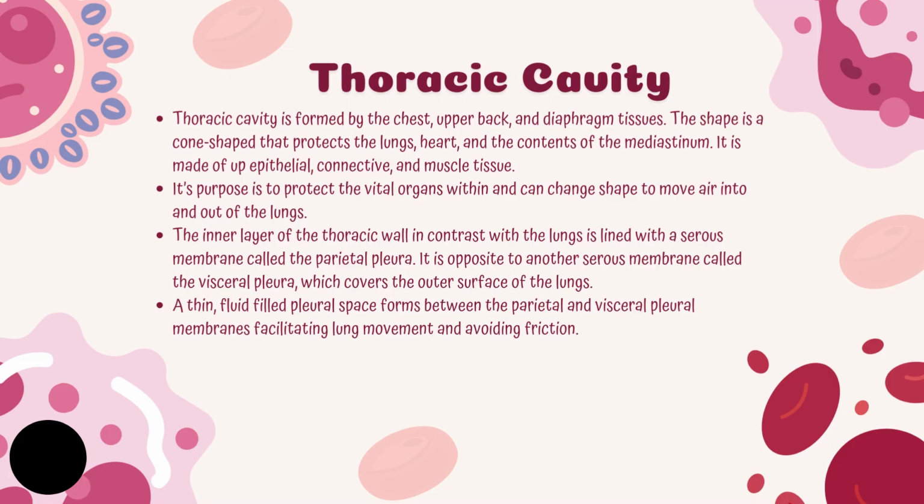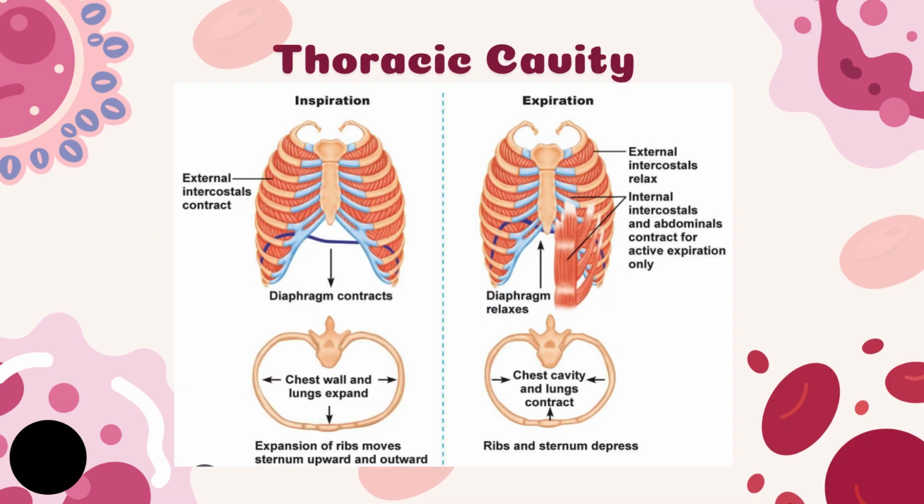The inner layer of the thoracic wall is lined with a serous membrane called the parietal pleura. It is opposite to another serous membrane called the visceral pleura, which covers the outer surface of the lungs. A thin fluid-filled pleural space forms between the parietal and visceral pleura membranes, facilitating lung movement and avoiding friction.